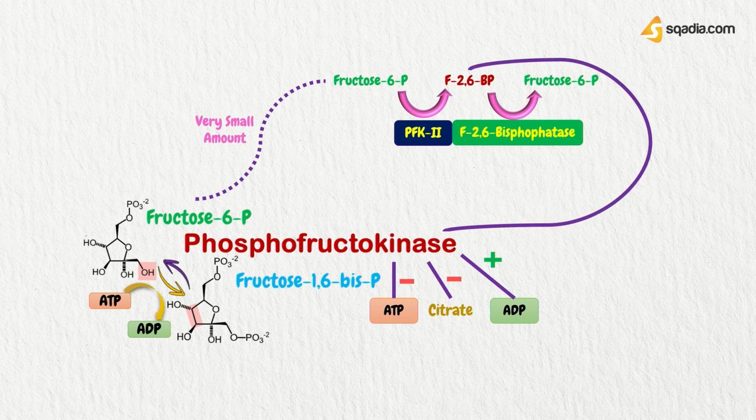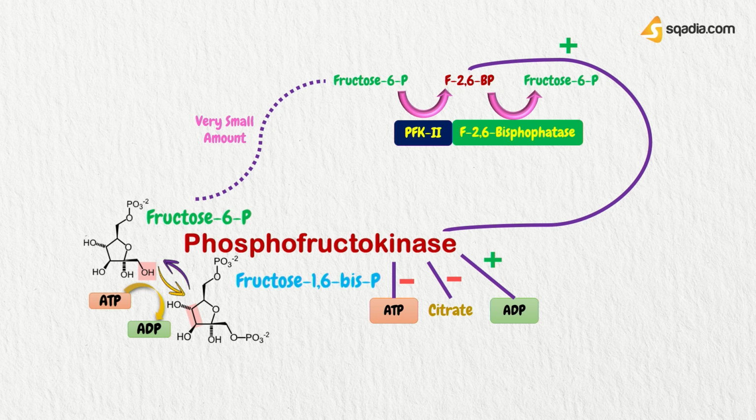2,6-bisphosphate is going to upregulate phosphofructokinase to make more ATP, to make more glycolysis. So it's going to encourage the glycolysis process over here. It is known as the high regulator of glycolysis.